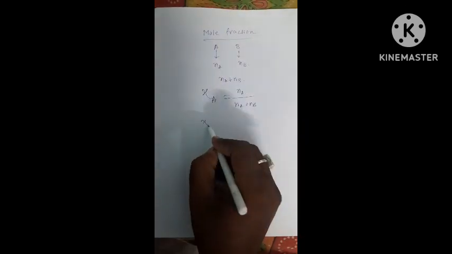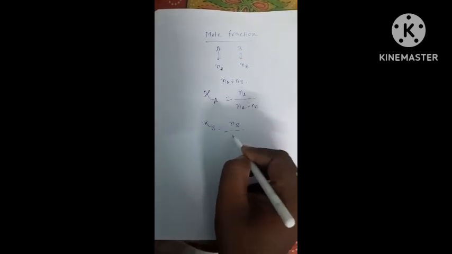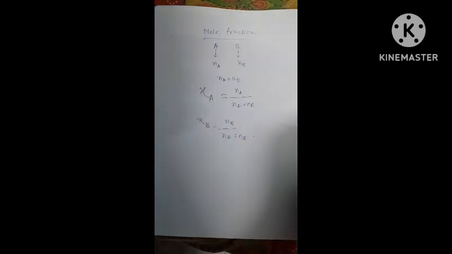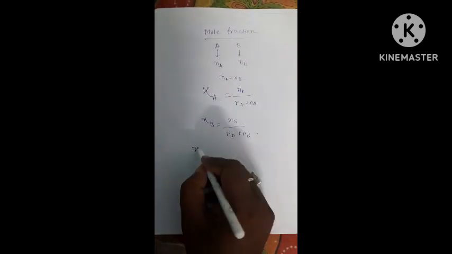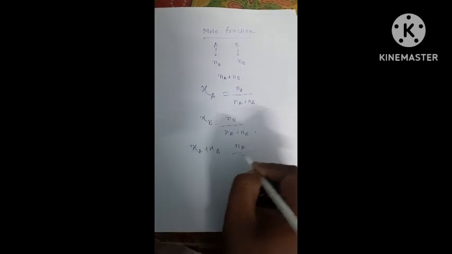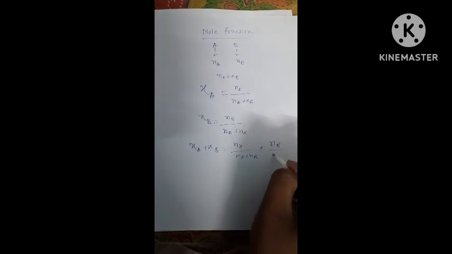Simultaneously chi B will be Nb divided by Na plus Nb. So chi A plus chi B is Na divided by Na plus Nb plus Nb divided by Na plus Nb.